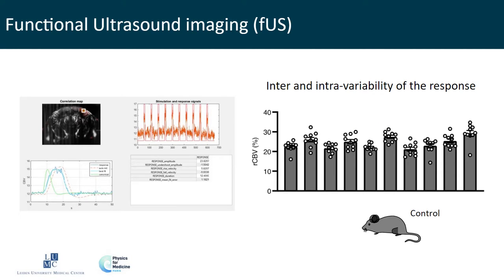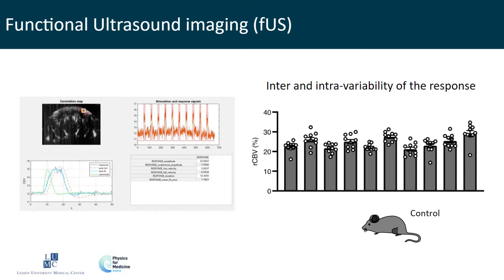And this is just a slide to show you how robust functional ultrasound imaging is. On the left, you can see that we did 10 stimulations of 10 seconds, with 50 seconds of rest. This is in red. You can also see in the brain the location of the stimulation, because there is a square and a red spot, which is where you have an increase in blood volume.